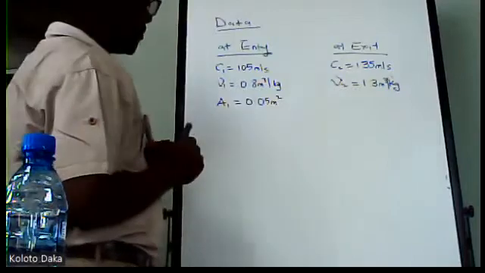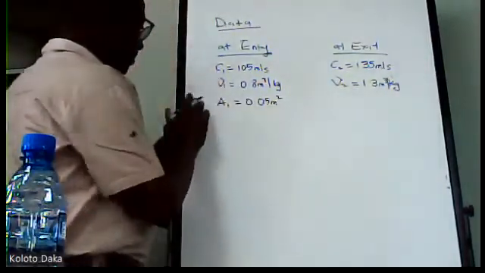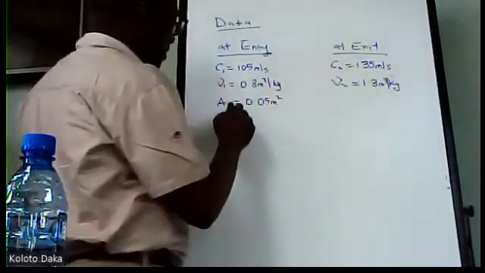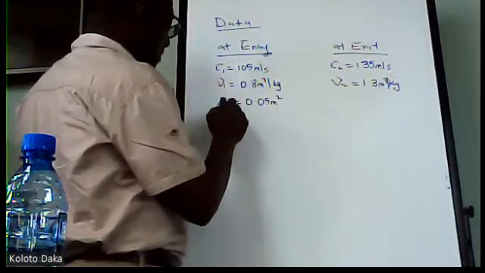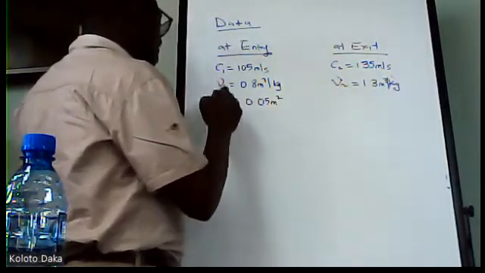In its passage through the turbine system, the specific enthalpy of the air is reduced by 145 kilojoules per kg.